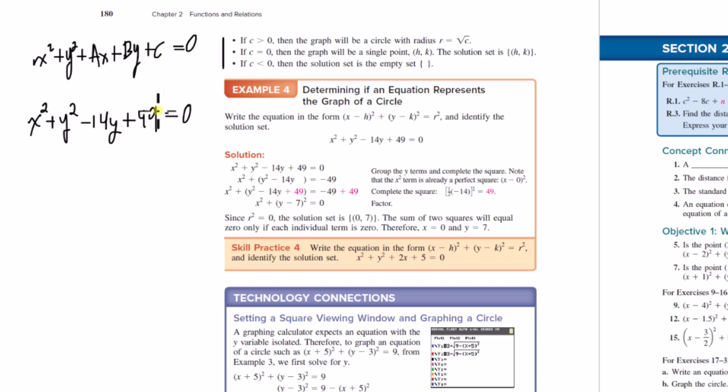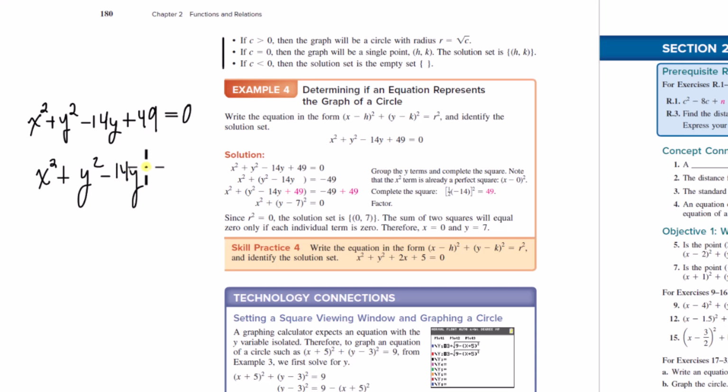Okay, let's see. We've got x squared plus y squared minus 14y plus, and let's leave a space, subtract 49 from both sides. If you have y plus a squared, that's y squared plus 2ay plus a squared.